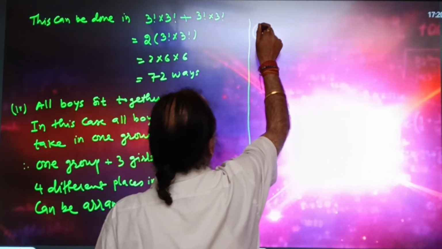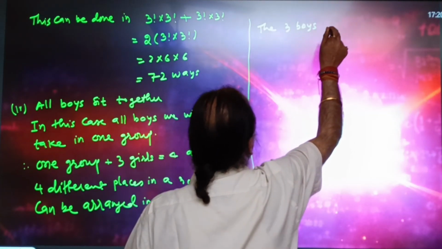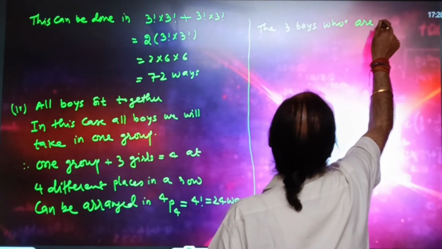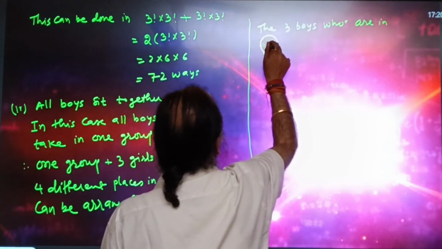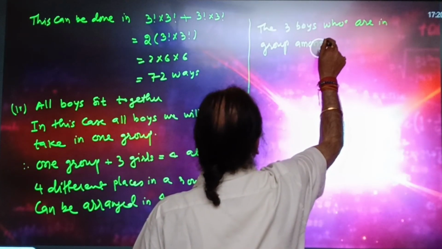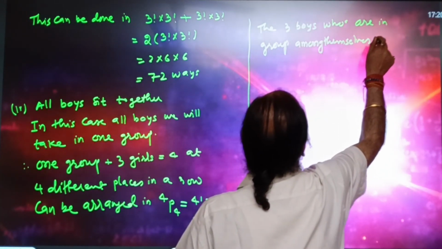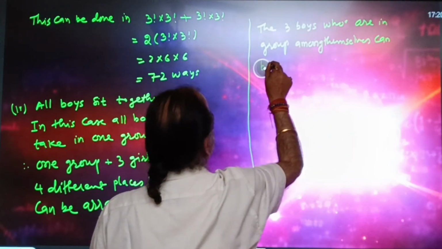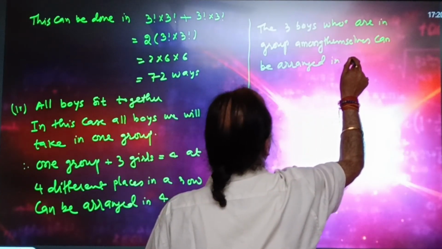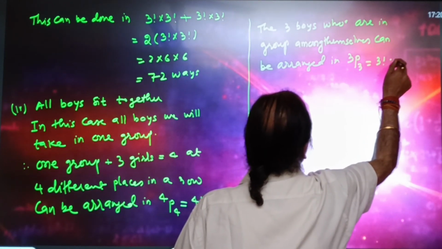The 3 boys who are in the group among themselves can be arranged in 3P3, 3 factorial is equal to 6 ways.